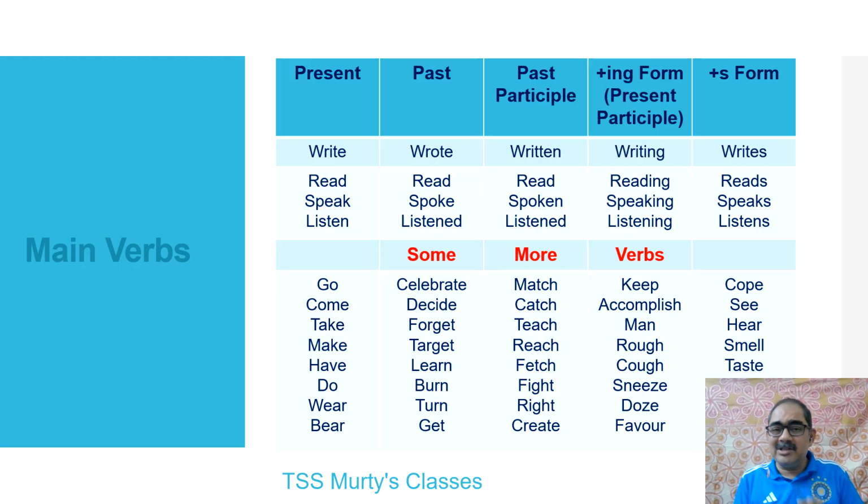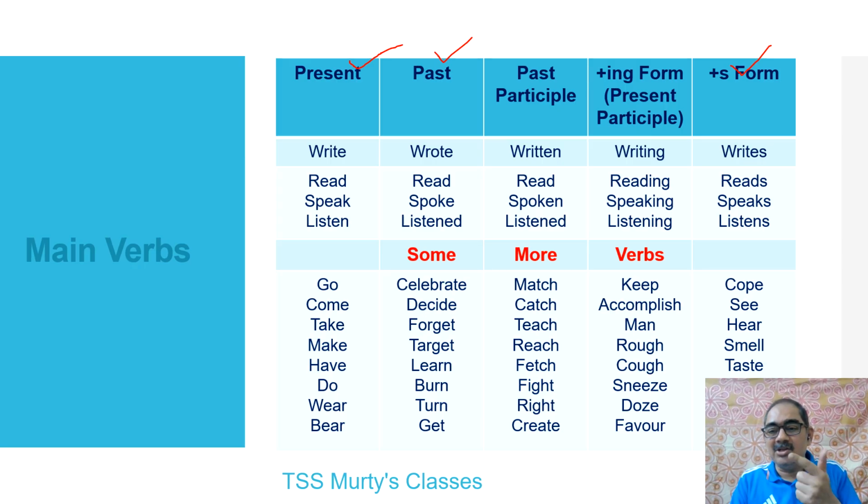Look at this. Just as those verbs have different forms, even main verbs have 5 forms. This is the present tense form. Write, for example. Its past tense form is wrote. But there is another present tense form, and that is this S form. This present tense form, the S form, is specifically used for third person singular.